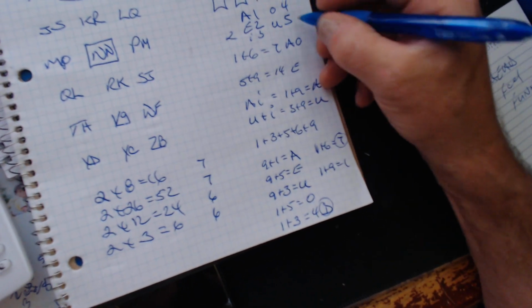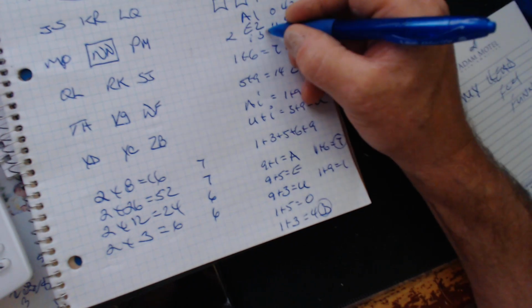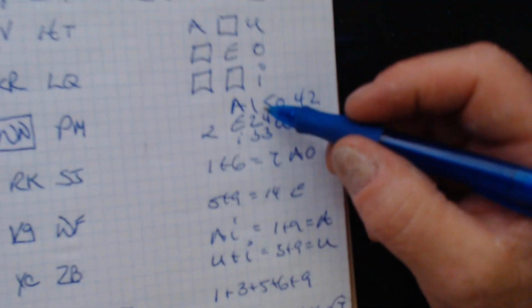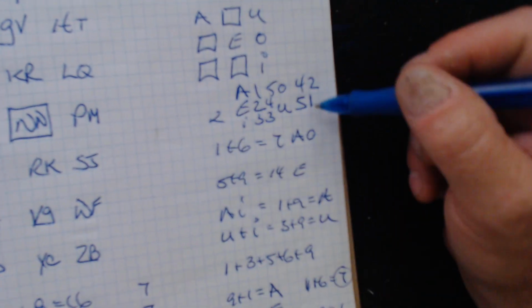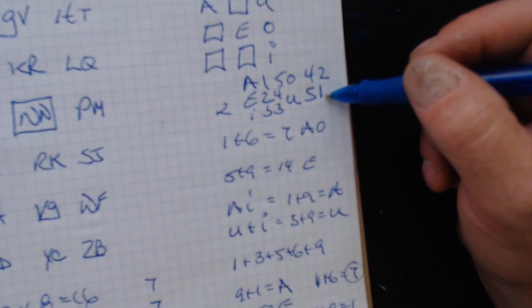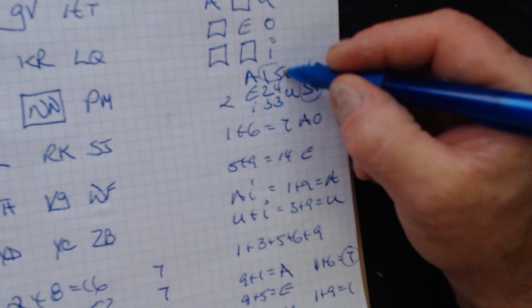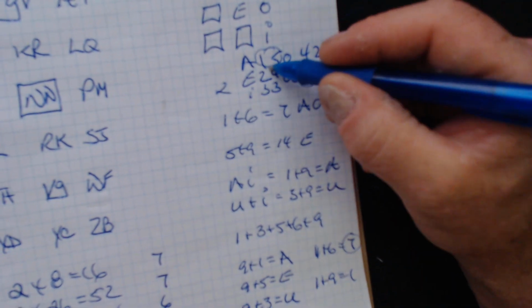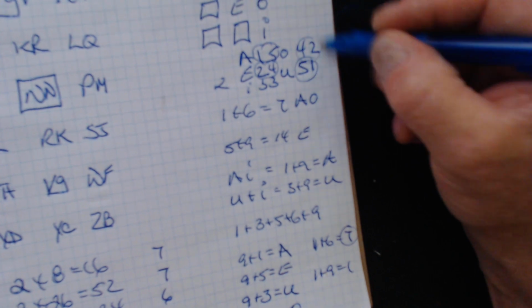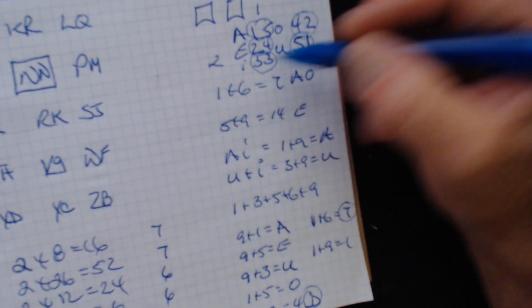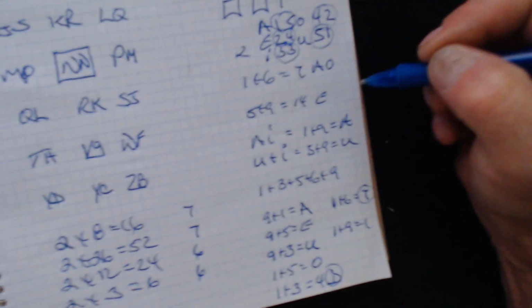Now, if we went backwards, I would get 1, 2, 3, 4, 5. Now, that would make A and U connected to what is 51, 15. That's connecting Mars. E and O would be your gate, and 33 would be the sun, born into the sun.